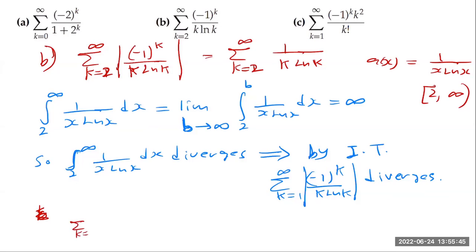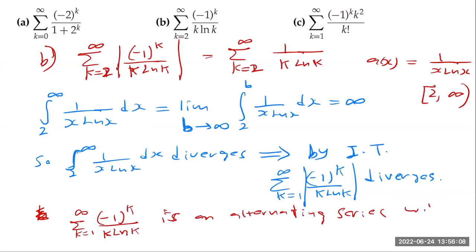Sigma k goes from 1 to infinity of (-1)^k over k times ln k is an alternating series with your a_k equal to 1 over k times ln k.